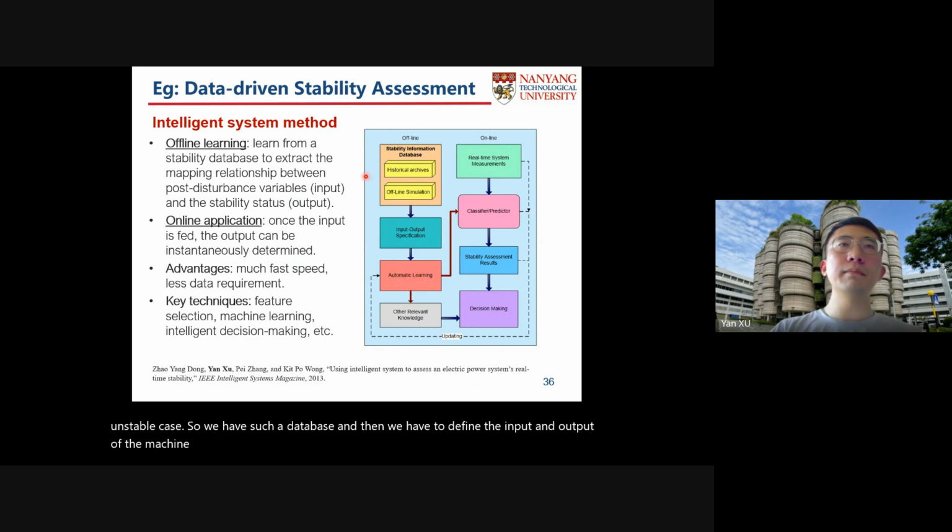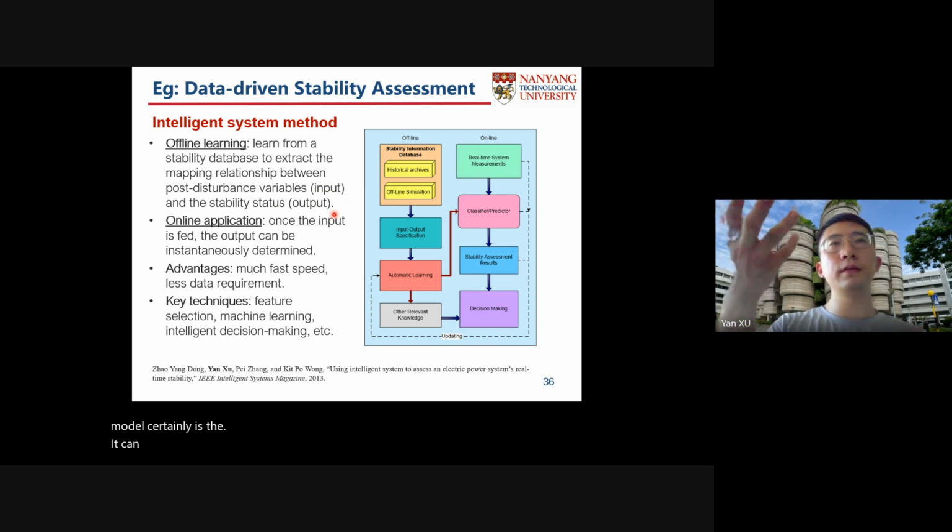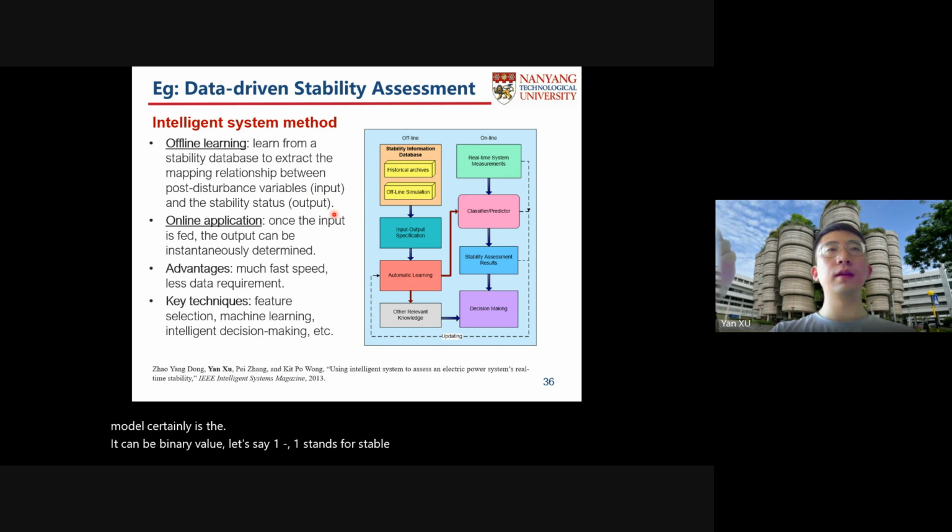Basically, the input is the PMU measurements after the disturbance, so we use the post-disturbance variables as input. And the output of the machine learning model is certainly the stability status. It can be a binary value, let's say 1 or -1: 1 stands for stable, and -1 stands for unstable.